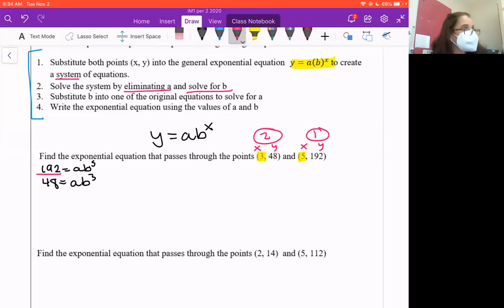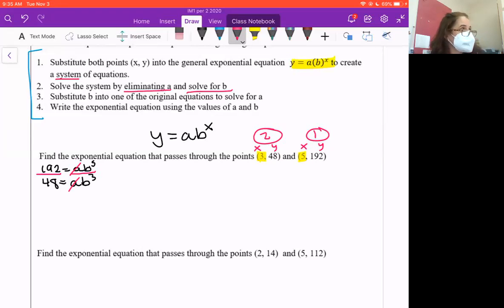And then on the right side, I can divide by a b to the 3rd because it's the same as 48. So my elimination is going to be, I'm just going to divide the 2 equations. And notice what happens. The a's, boom, eliminate. Every single time this will happen, because you're just going to have the a's in the front. And when you divide them, they're gone.